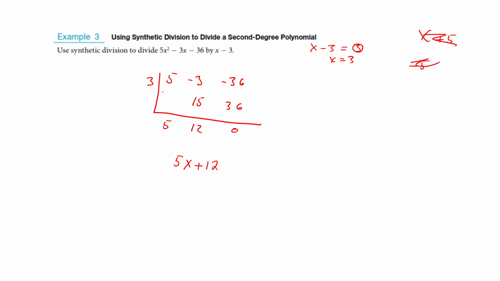Now, why does this work? If you looked at a long division problem side by side with this, you're actually doing exactly the same thing. It's difficult to wrap your head around, but for one thing, when you switch the sign by making it 3 instead of negative 3, you've accounted for the minus sign. And you are actually following the exact same steps as long division.